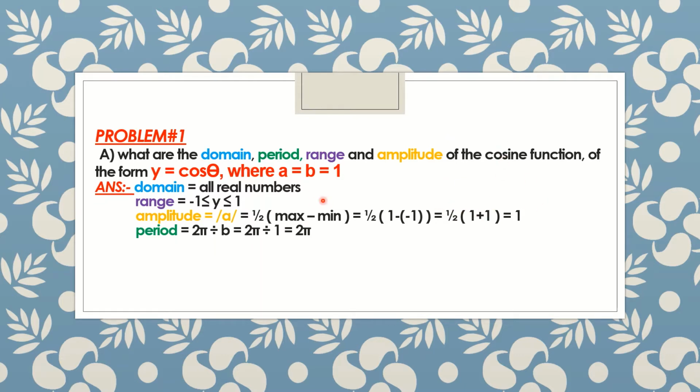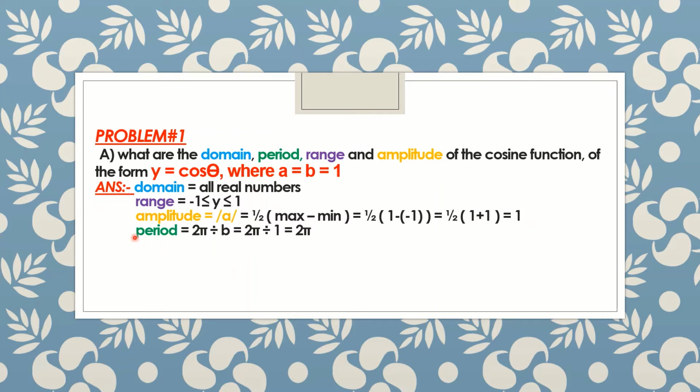So the range lies between the maximum point 1 and the minimum -1. Amplitude is the absolute value of A. Of course, you can simply take the absolute value of 1, or 1 over 2 times max minus minimum, which equals 1 over 2 times 1 minus -1, because here the minimum is -1, which equals 1 over 2 times 1 plus 1, as minus minus will turn into plus, which equals 1.